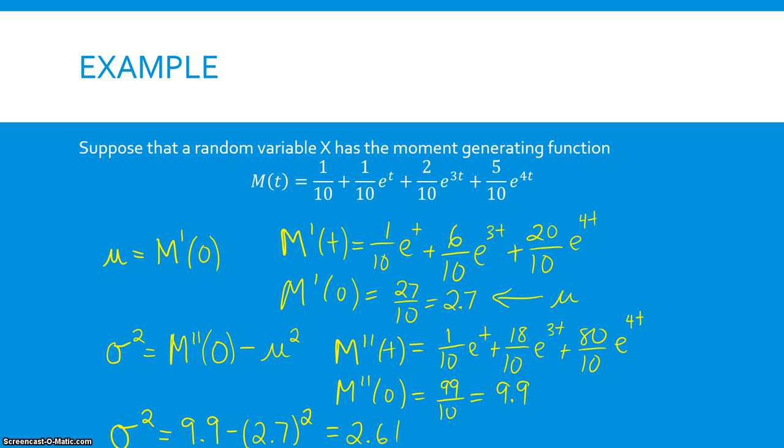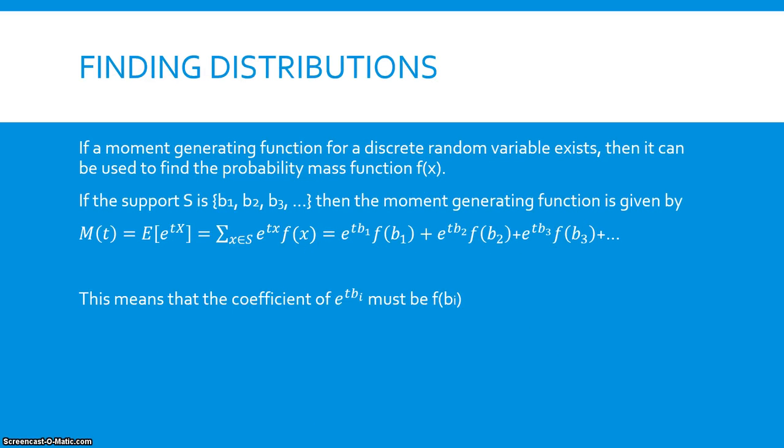The other thing that we can do with the moment generating function, as I mentioned before, is use it to find the probability mass function. So if the moment generating function for a discrete random variable exists, then it can be used to find the probability mass function little f of x.